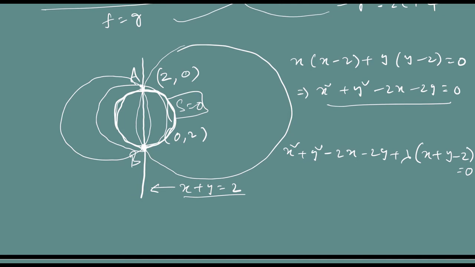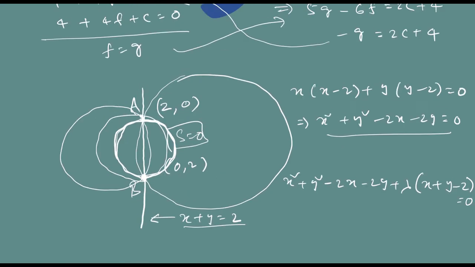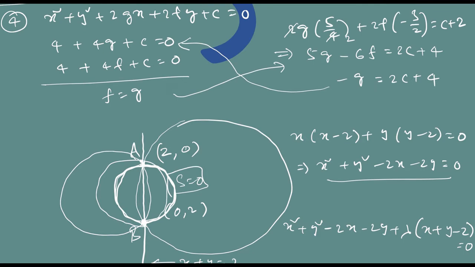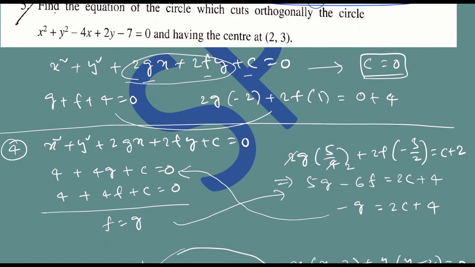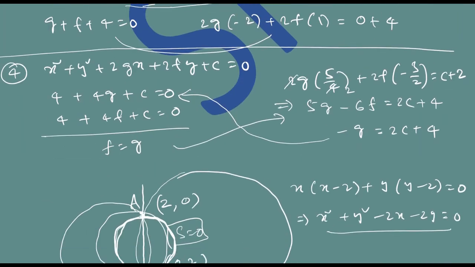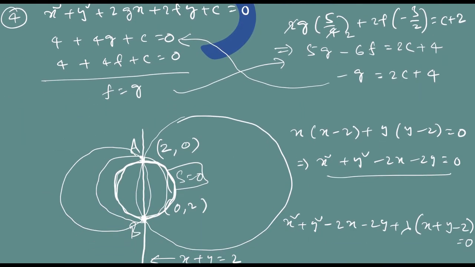Now to find the value of lambda, I use the fact that the required circle is intersecting this circle orthogonally. That's what I use. So I apply 2gg dash plus 2ff dash is equal to c plus c dash here.